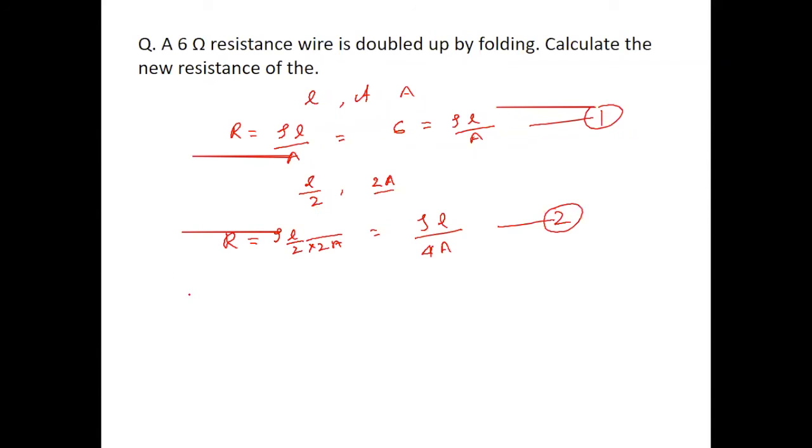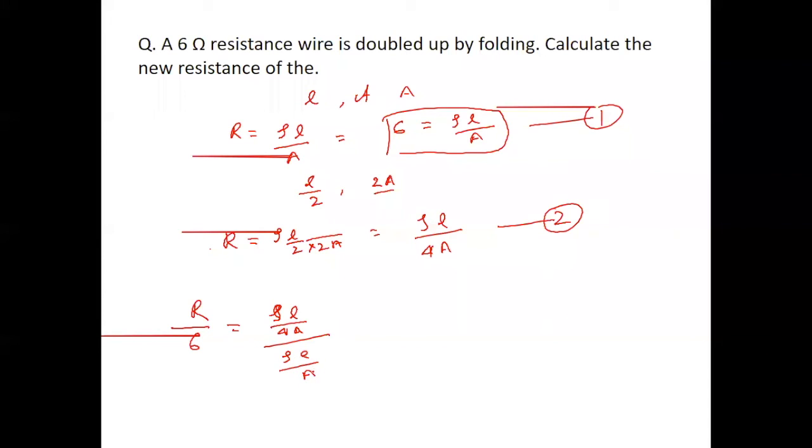Now if we divide equation 2 by 1, left hand side is R by 6, and right side is rho L by 4A divided by rho L by A. This A cancels, rho cancels, L cancels.